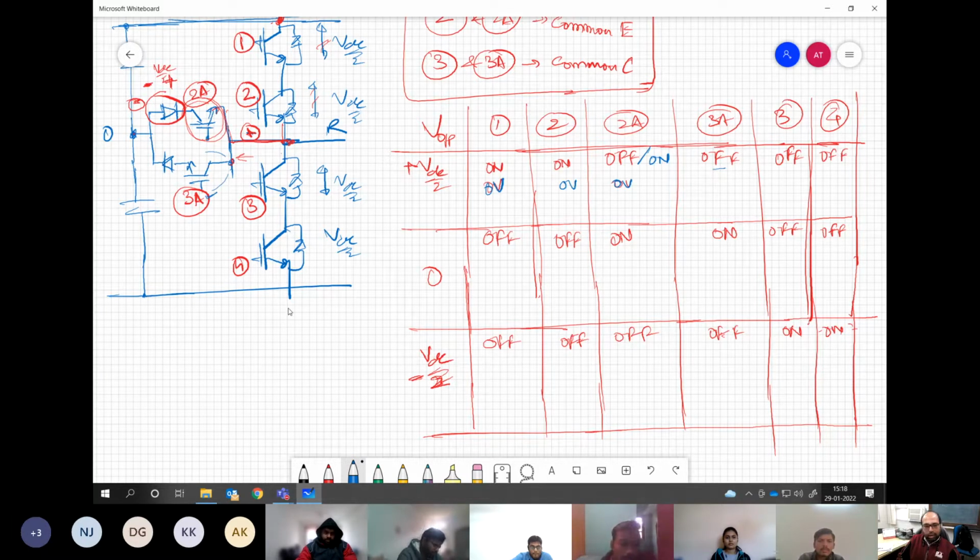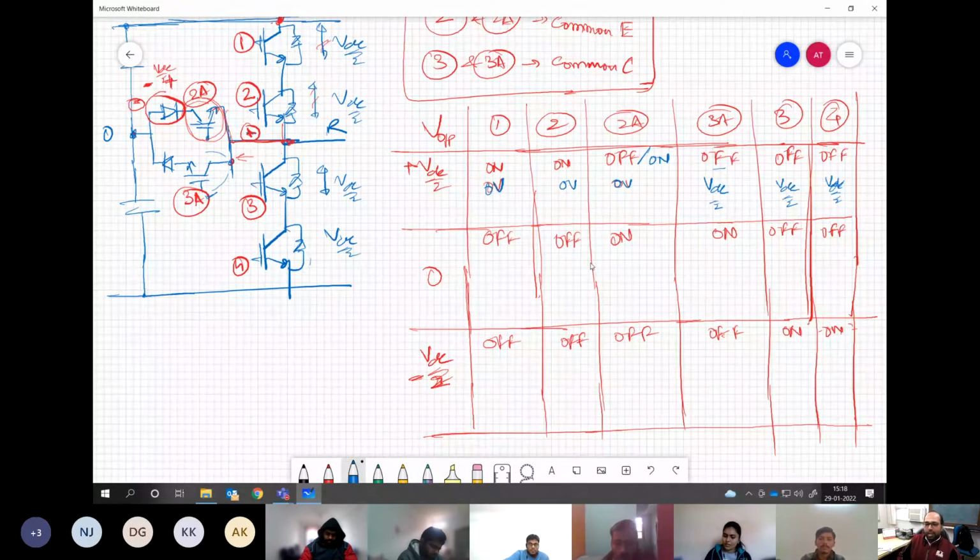Understanding my point? Here the diode is not having any voltage drop because it has forward conduction in this polarity. Any doubt in this? So this is blocking VDC by 2. This is blocking VDC by 2. Now because voltage is equally divided for 3 and 4, this is also blocking VDC by 2. Understanding my point? Yes or no?